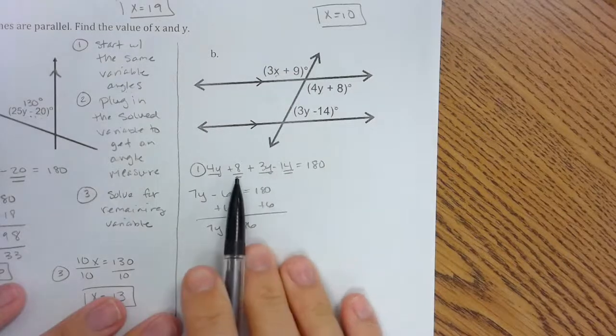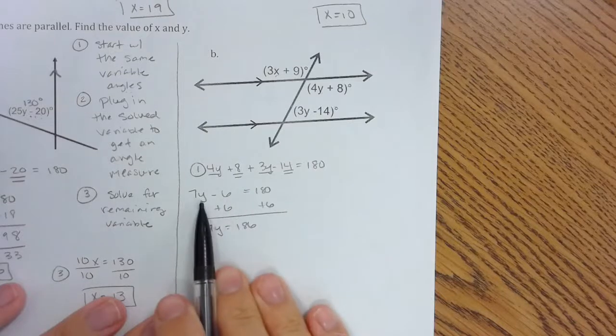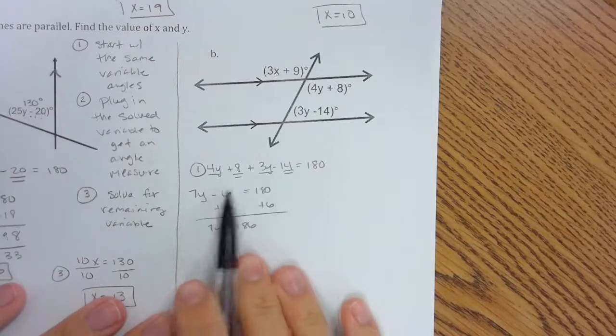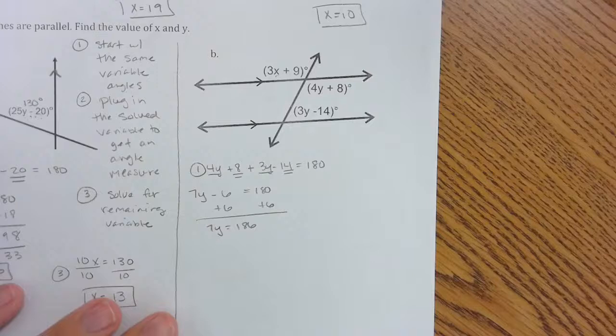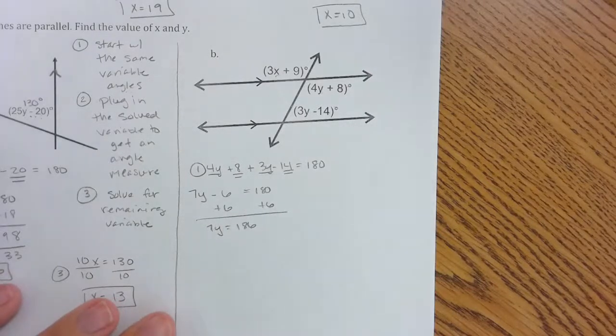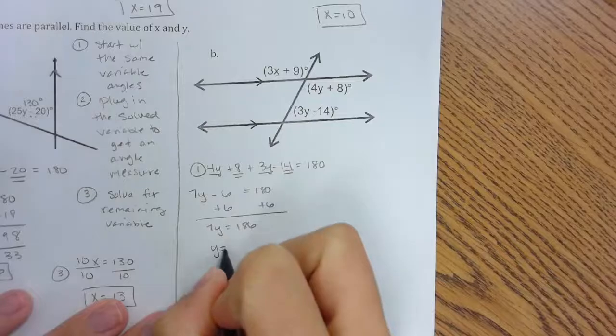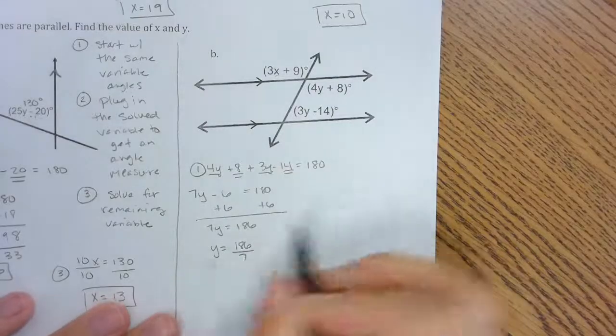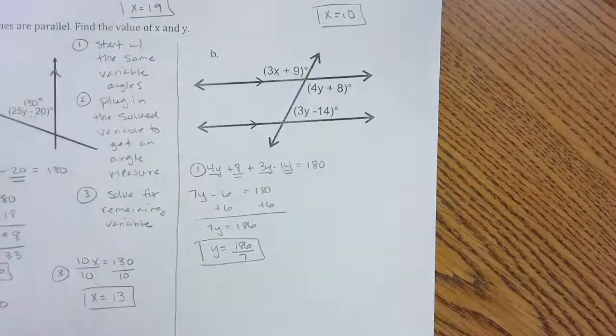Minus 14. Checking my work. 7y, 8 minus 14 is negative 6. 186 divided by 7. Oh, that's okay. So y will be 186 over 7, which is not a nice number, but that's all right.